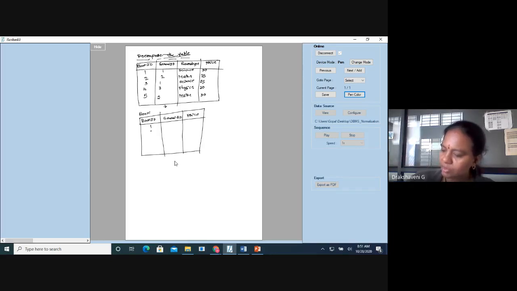The book IDs were 1, 2, 3, 4, 5. The general IDs were 2, 1, 3, 2. The prices were 30, 35, 25, 20 and 30. This is the first table.